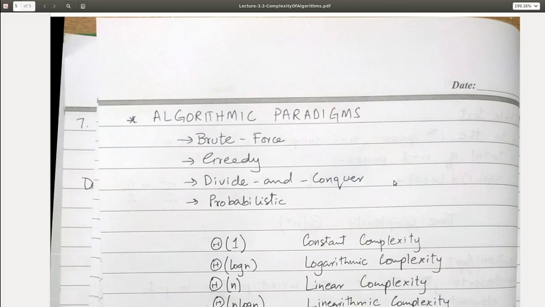There's also a sorting algorithm called merge sort, which uses divide and conquer: you sort half the list first and then you look at the rest of the list. At every stage you're breaking your list into halves, and that's called divide and conquer. You have another paradigm called probabilistic algorithms. So the concept here is that different algorithms can have the same approach, even if they are for different problems.